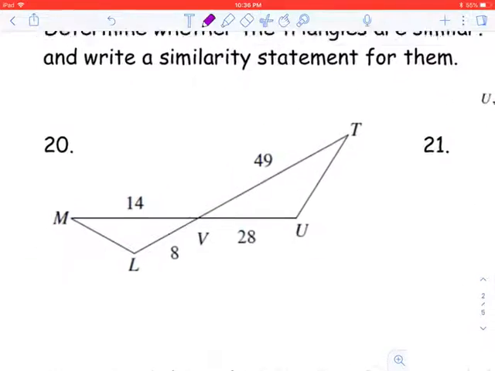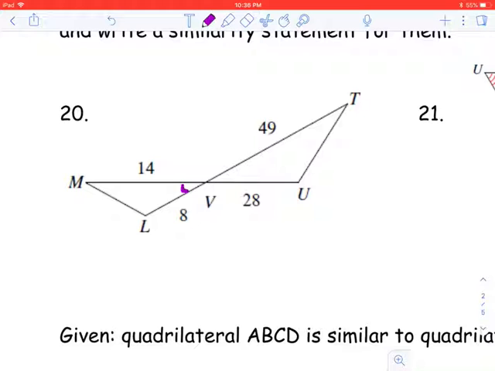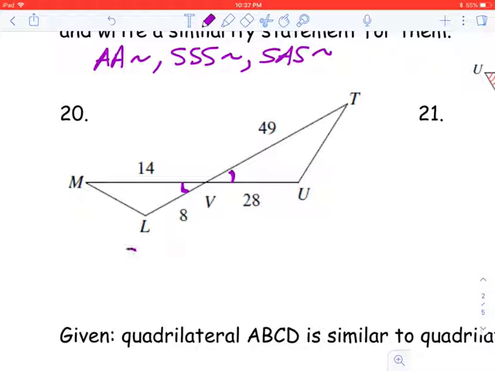So for number 20, remember our three things are angle, angle, side, side, side, and side, angle, side. And so in this case, I've got angles, so there's that, and then we've got two sides. So 8 is the smaller one, 28 is the smaller one.